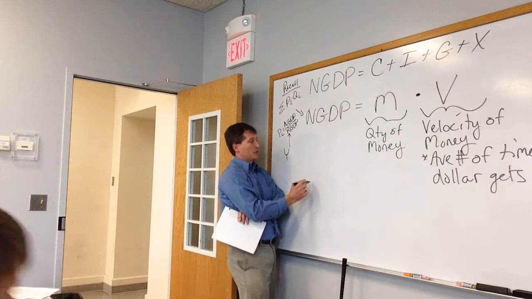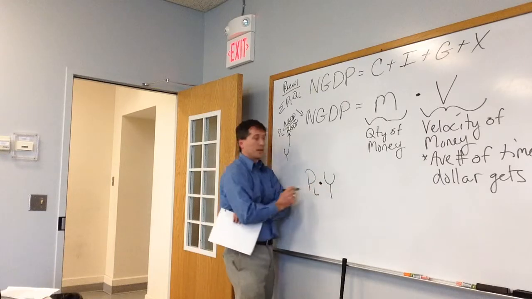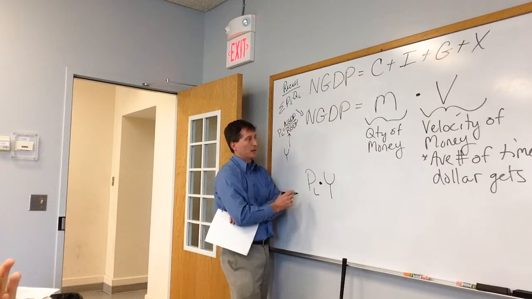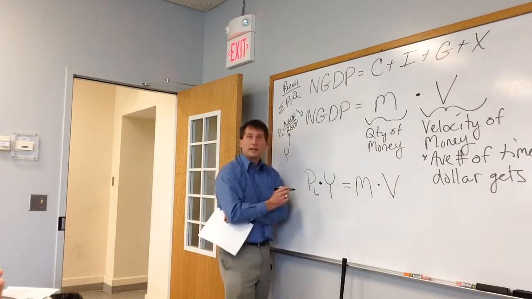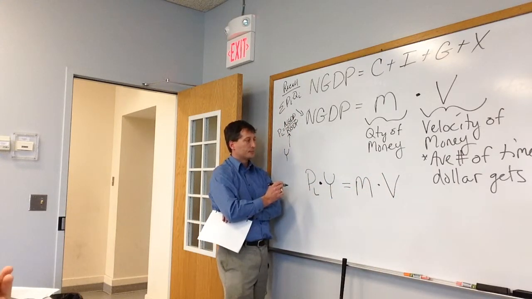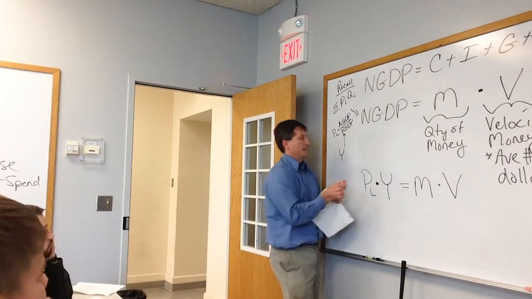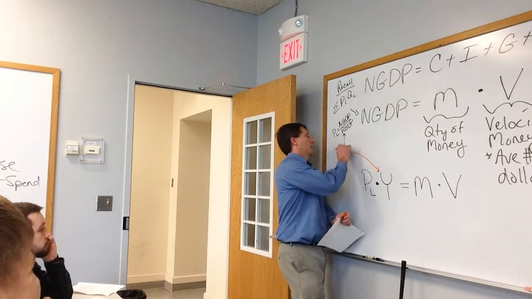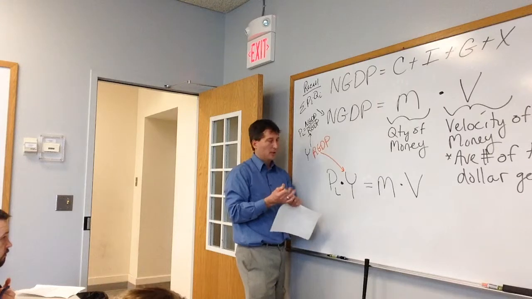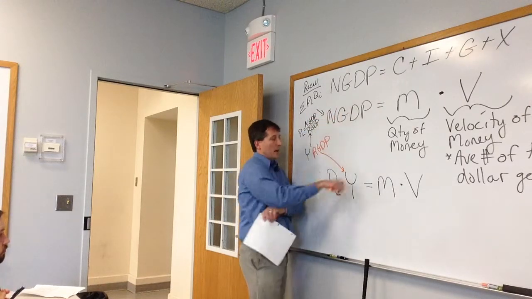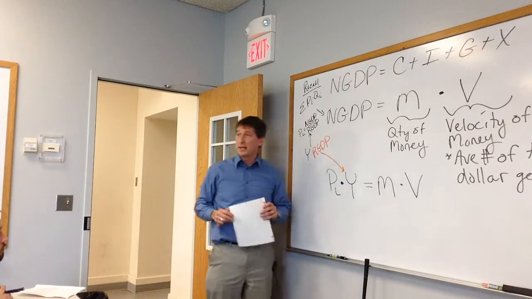So just for nice little shorthand, we're going to take the price level times real GDP and set that equal to money times the velocity. So this Y is real GDP, price times quantity. Still, the nominal amount of stuff we bought that year is equal to the quantity of money times the number of times that money got spent.